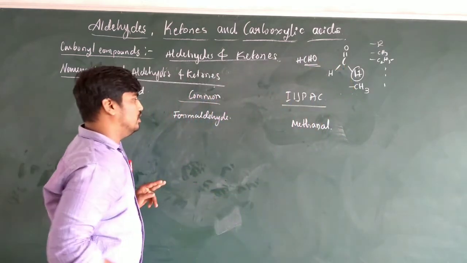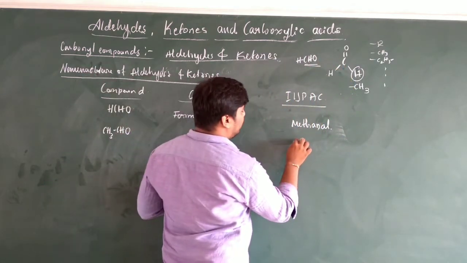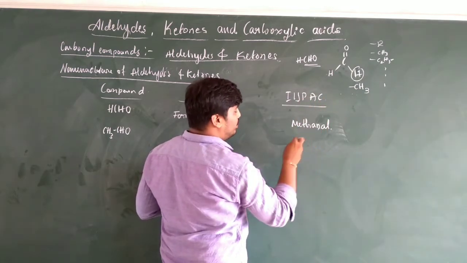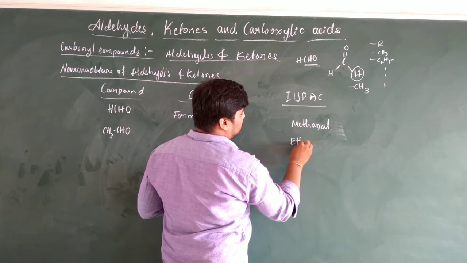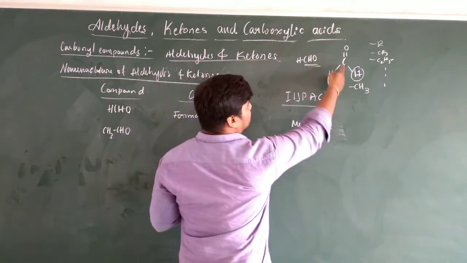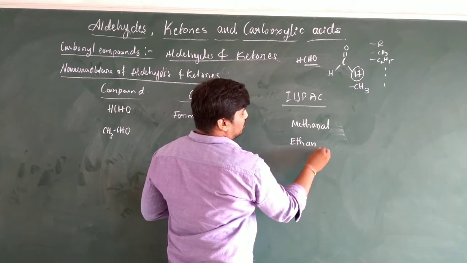Two carbons. In the IUPAC system, a two-carbon compound with single bonds is ethane.